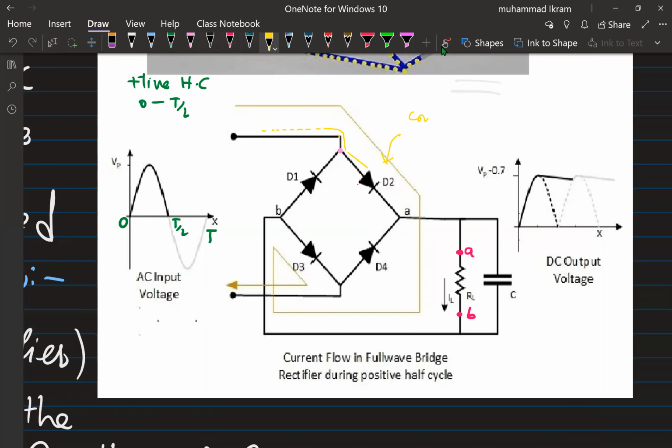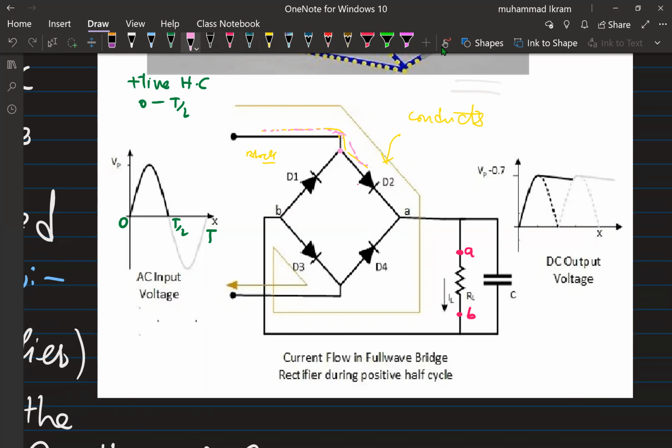diode D2 conducts, while D1 blocks the flow of current; it goes into the reverse bias condition, while this one goes into the forward bias condition. Let me mark it like this for the positive half cycle. So this does not conduct while this one conducts. Now look what is going to happen. The current passes in the direction as you see, like this one.